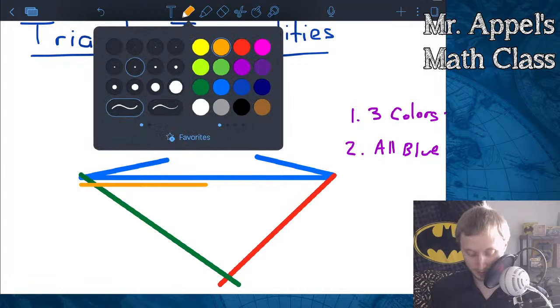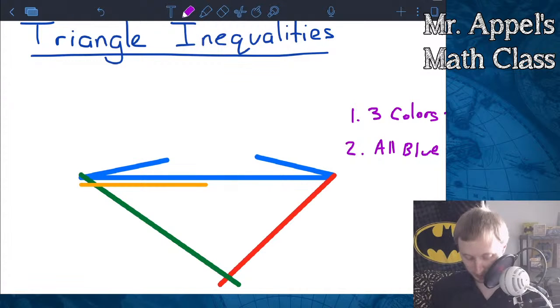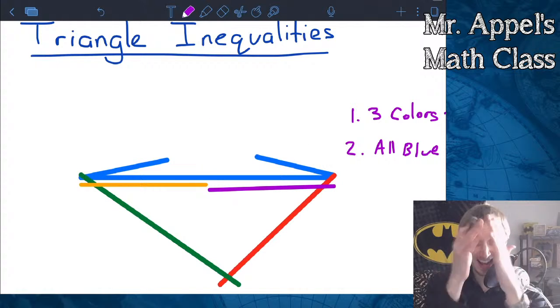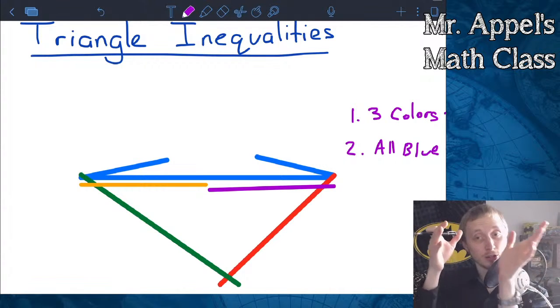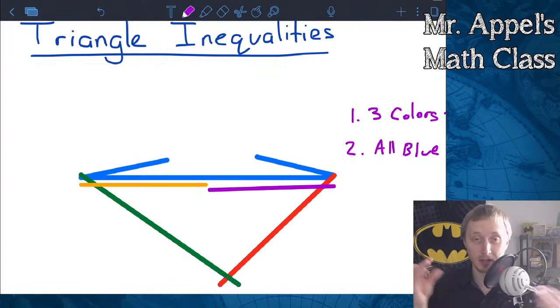Like that, and a purple one like that. Right, so those are now exactly the length of the blue line. Okay? So it's not that they're too short or too long. They're actually the perfect length to lie right on top of each other and make only another line of equal length. So that's not even good enough to make a triangle, right?